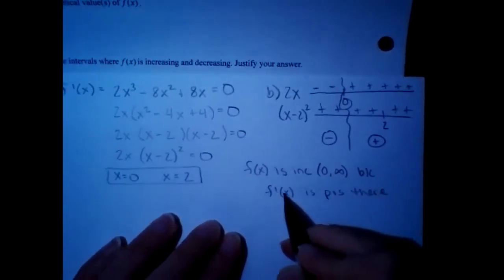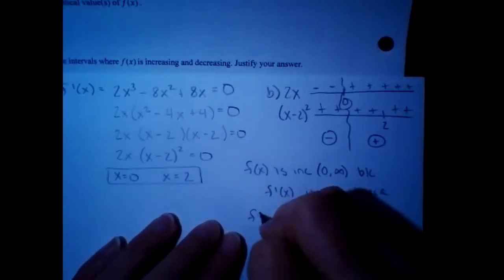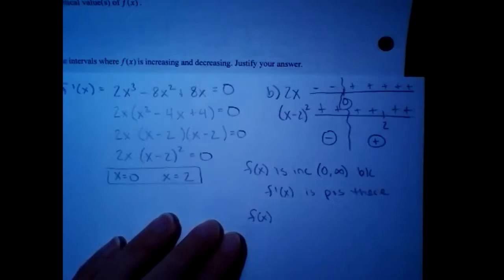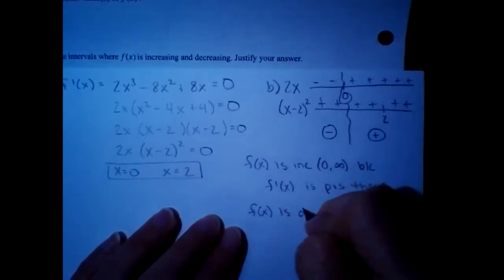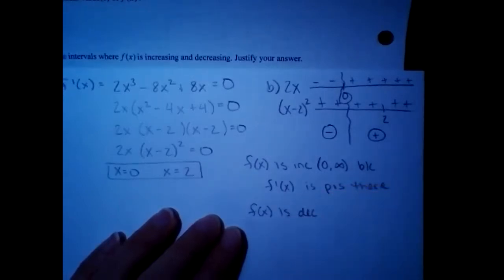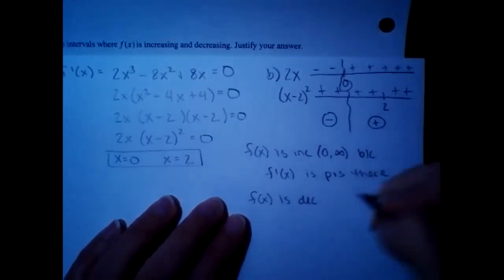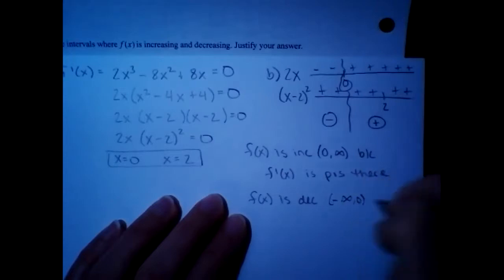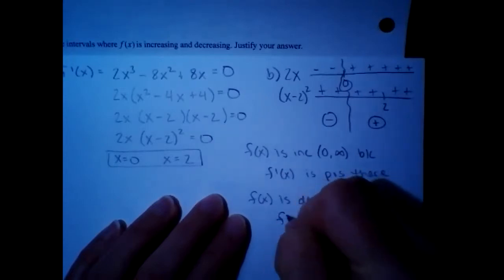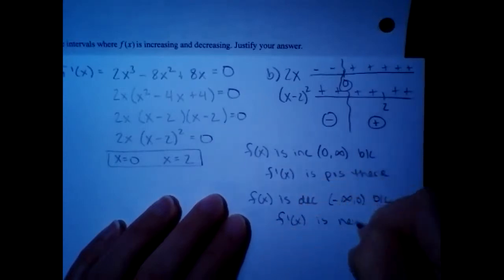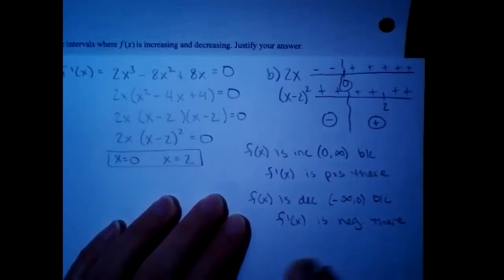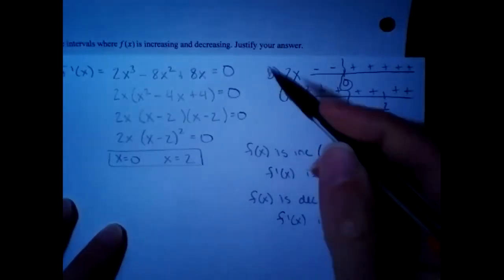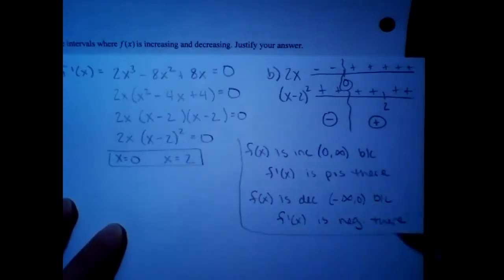He's the guy that you're quoting. And then the sibling statement is f of x is decreasing everywhere else for the opposite reason, but you still have to write it out. It would be negative infinity to 0 because f prime is negative there. So this is like your answer, these sentences here.